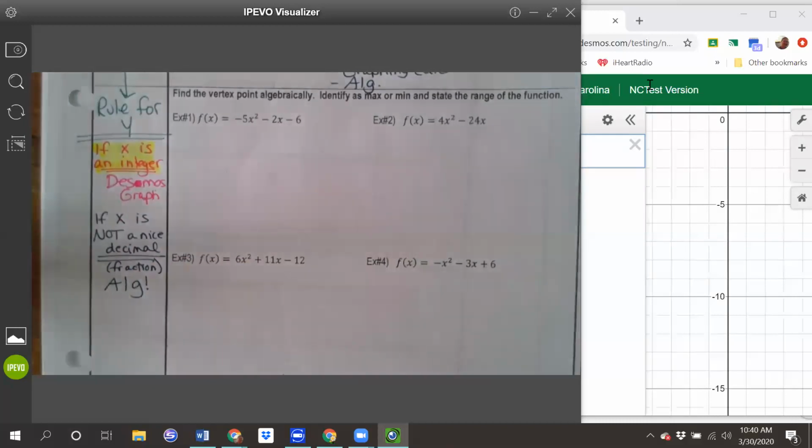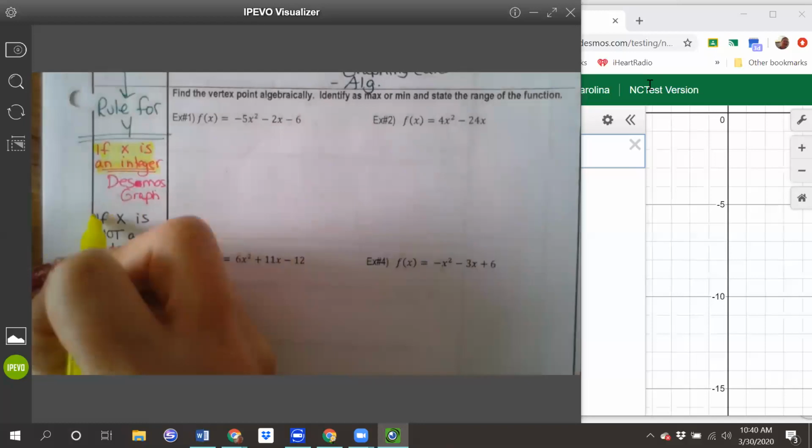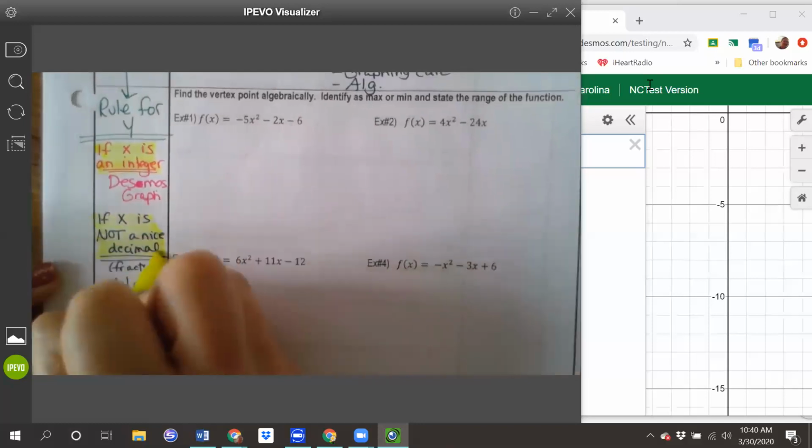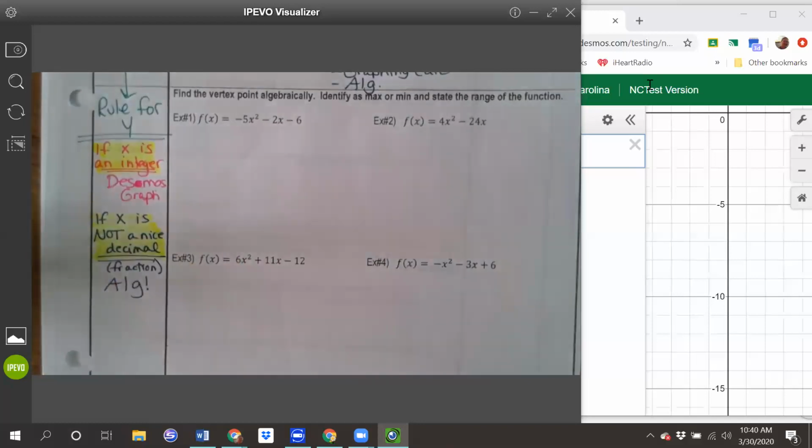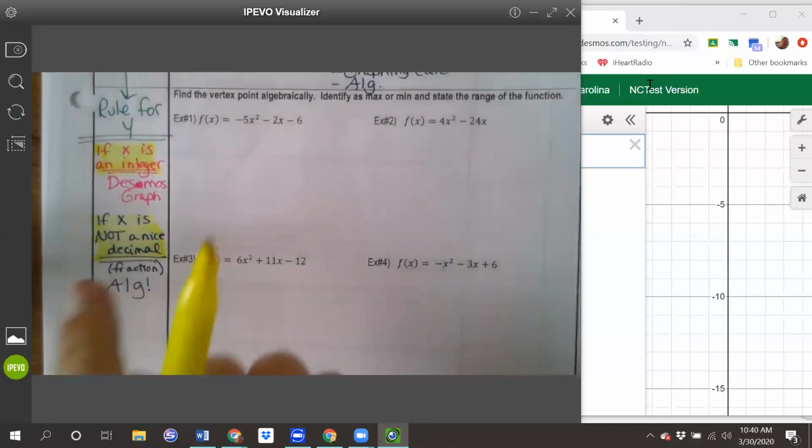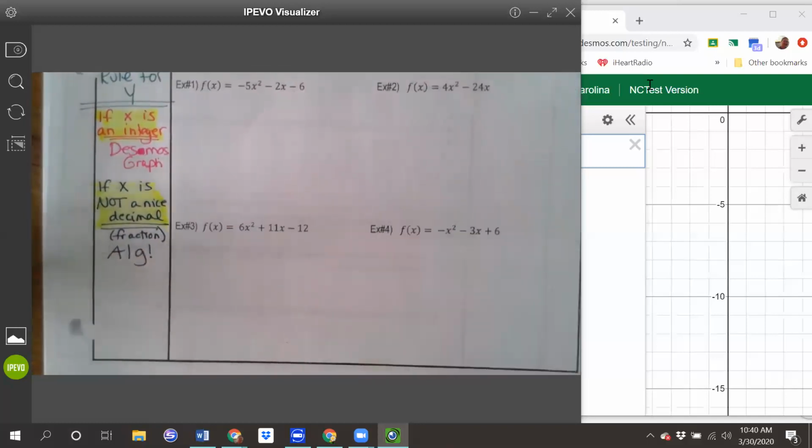You know how to do that and plug in on your calculator. I'm going to show you that even if you don't have a graphing calculator, you can do this on Desmos as well. It's very cool. So I'm excited to show you that today. So if we get not a nice decimal, which means that it has to be a fraction, then we just need to go straight to algebra.